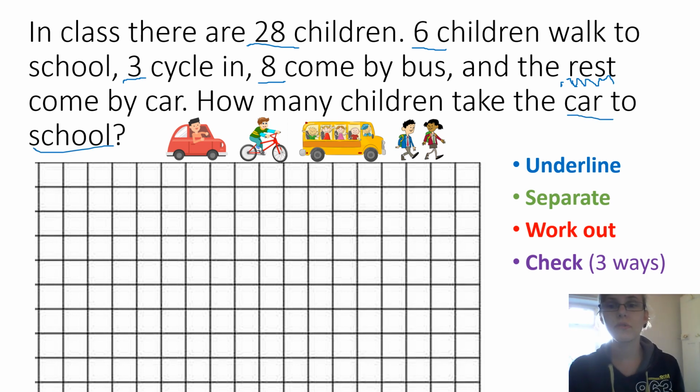Right, so that's what we're trying to work out, is how many take the car to school. We know that the first thing we're going to do is start with our 28 children. And then, just like in the first question we did, we need to take away each of these little bits to come to the answer.